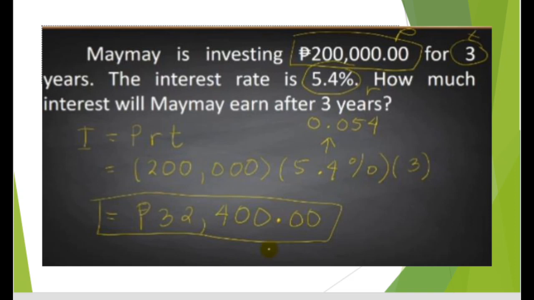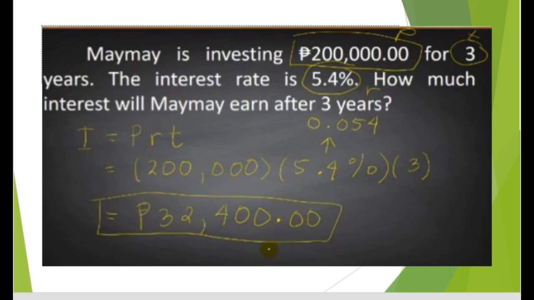So, if you're going to include the percentage symbol in your calculator, this is enough. But if you don't have a percentage symbol on your calculator, you can always transform this percentage into a decimal value. You just need to move the decimal point 2 places to the left. So, in this case, this is 0.054 by getting the value on your calculator.